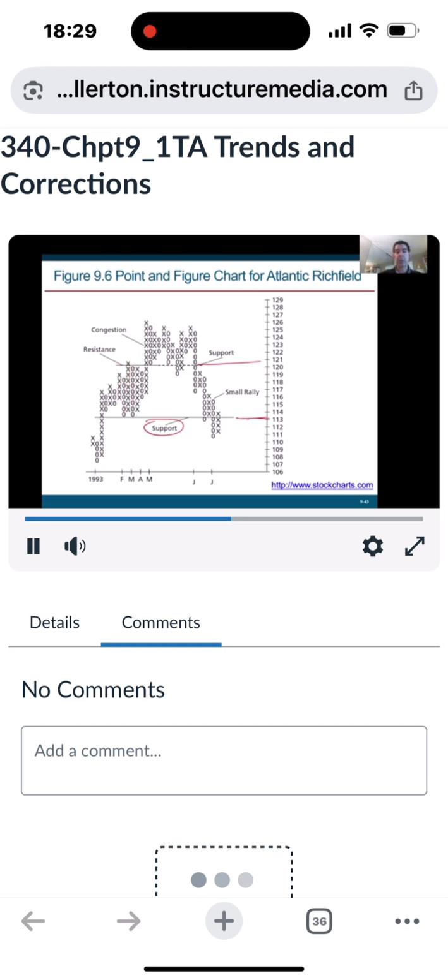The other is that people will look at this resistance, and they will watch for a piercing of resistance. In this case, it gets pierced to the upside. So if it gets pierced to the upside, maybe this is a good time to buy. What's the philosophy there? Well, in the past, for whatever reason, when it came up toward resistance, the market thought this is too expensive, and that's why it sold off and went back down.